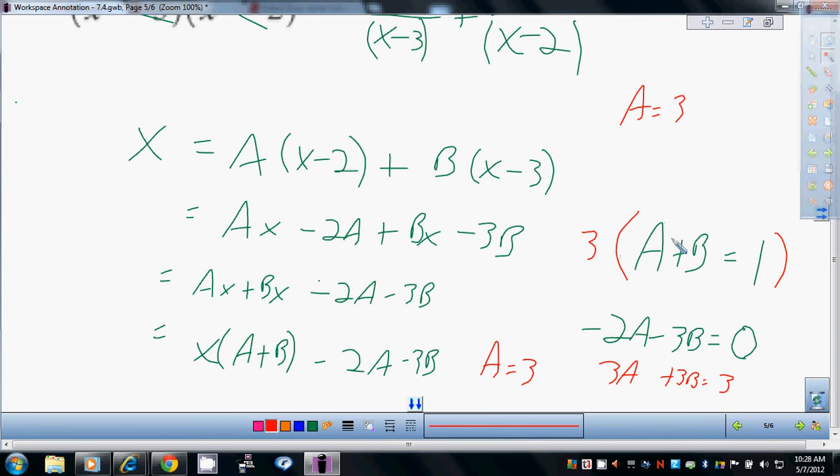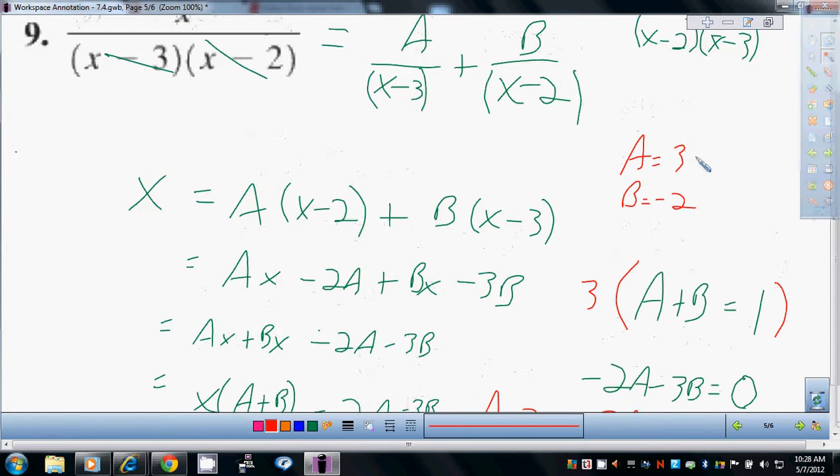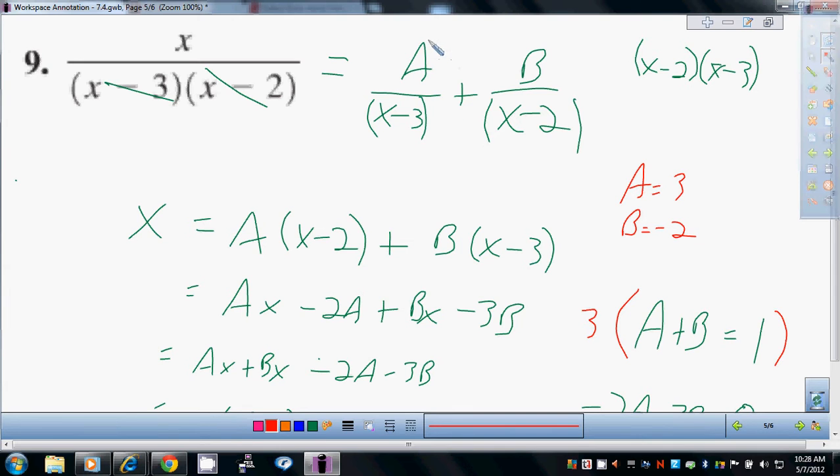So if I plug that back in here, 3 plus what equals 1? Negative 2. So I come back up here and plug those in. And here's my finished product. 3 over x minus 3 plus negative 2 over x minus 2. And this is my final decomposed fraction.